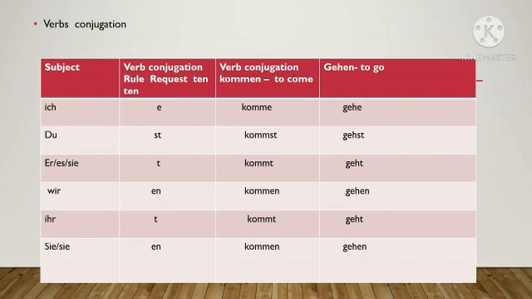If the subject is sie, you add en, so it will be as it is, kommen. So see here: ich komme, du kommst, er, es, sie kommt, wir kommen, ihr kommt, sie kommen. Ich gehe, du gehst, er, es, sie geht, wir gehen, ihr geht, sie gehen.